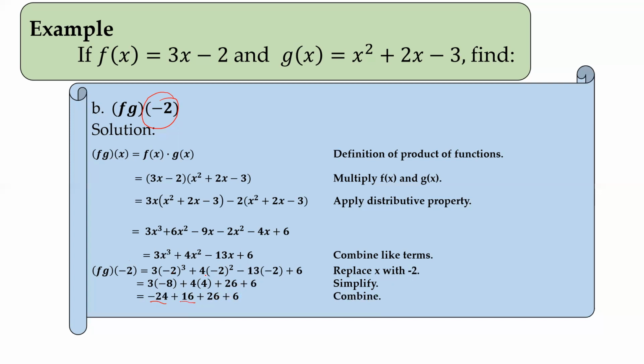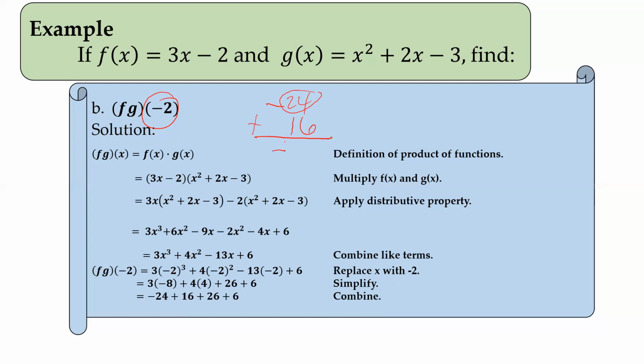Then, we will combine already. Negative 24 plus positive 16. Okay, first you have to follow unsa ang pinakamadako na number, si 24 ang may pinakamalaking number, and then the sign of 24 is negative.